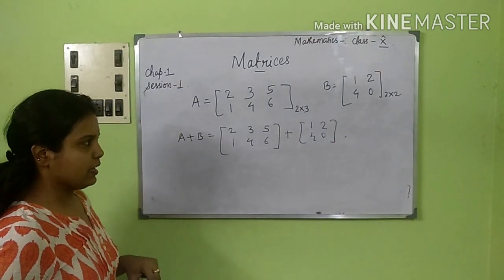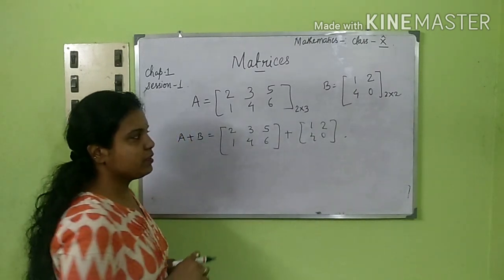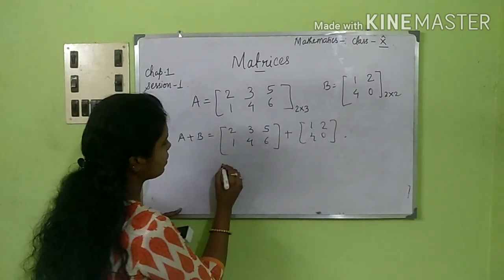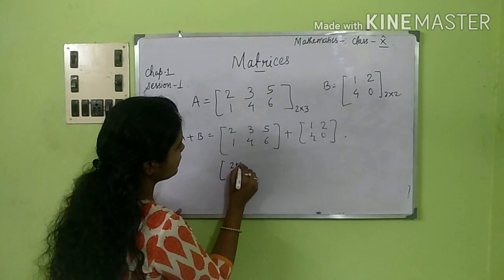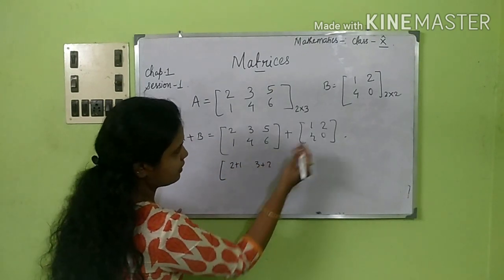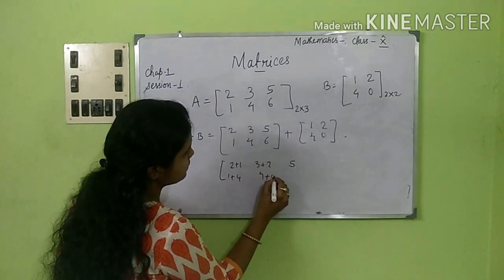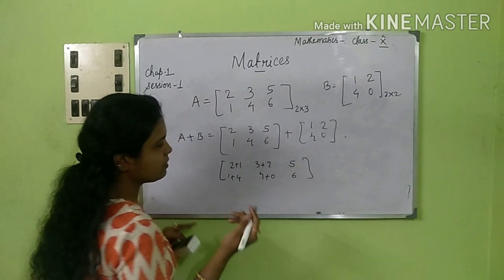As you can see, we cannot add all the elements, right? Can we add 2 plus 1, 3 plus 2, then only 5? No elements are over there. 1 plus 4, 4 plus 0 and 6. No elements are present.